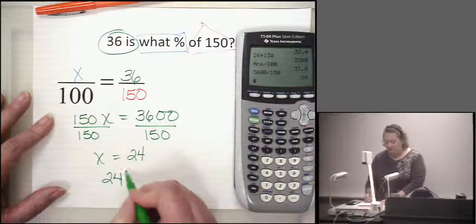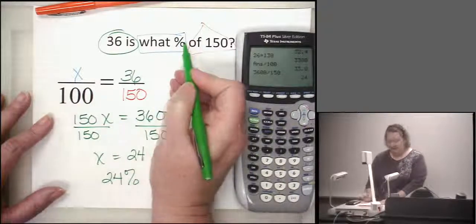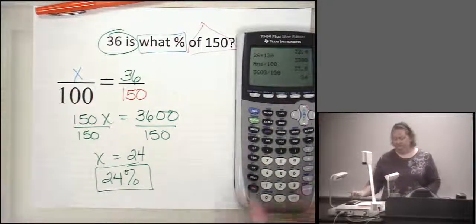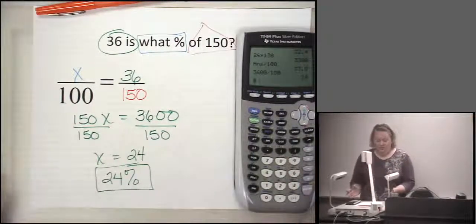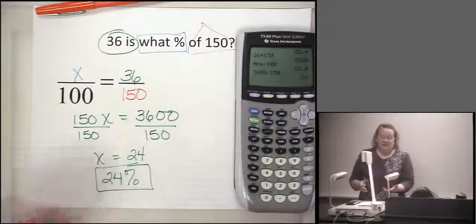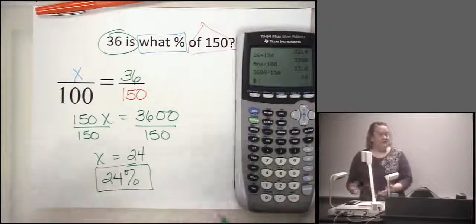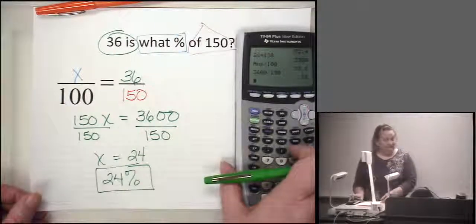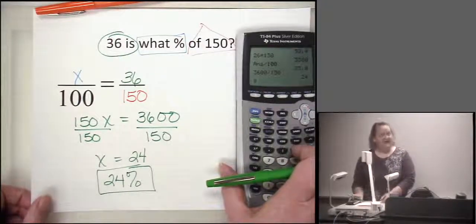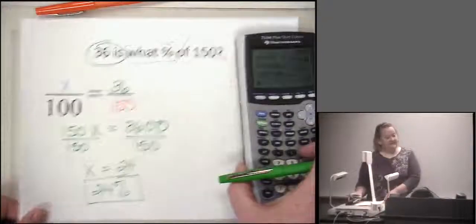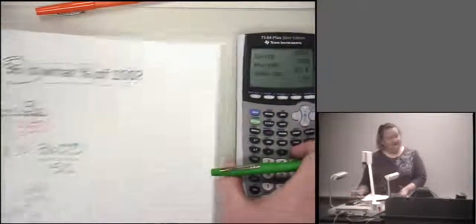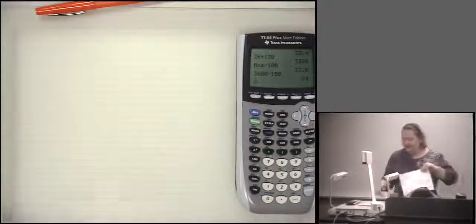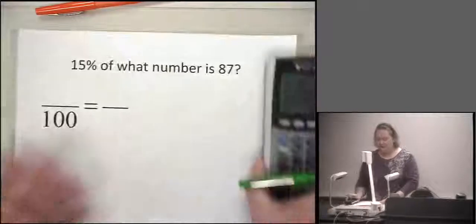And in this case, we need to put the percent sign with it because we're looking for the percent. And 24% of 150 is 36. That makes sense. Half of 150 would be about 75, and about half of that again would be about 35, 36. So that's a reasonable answer.